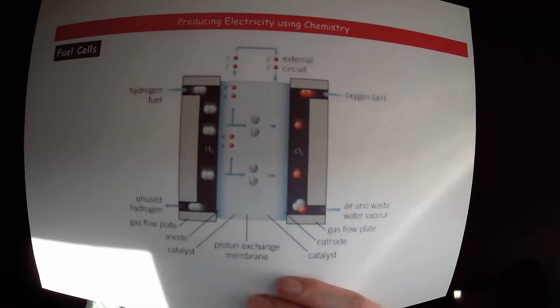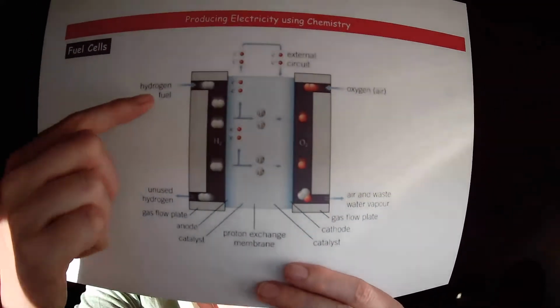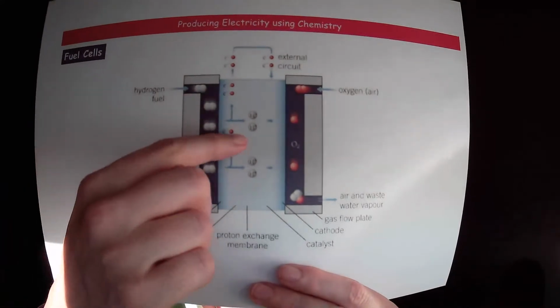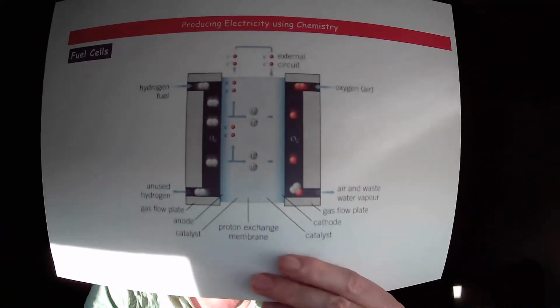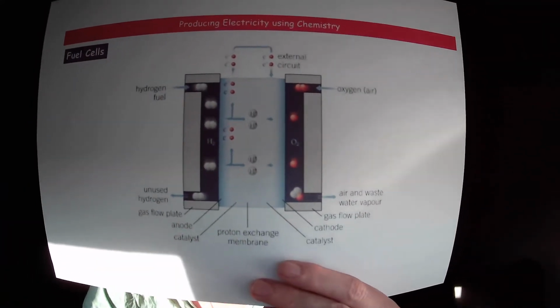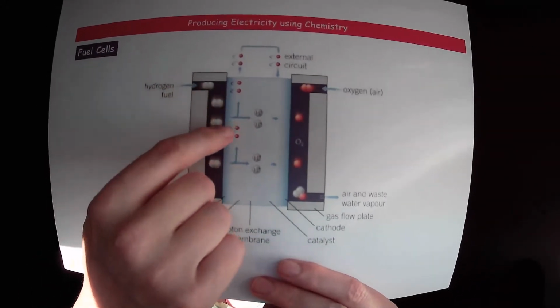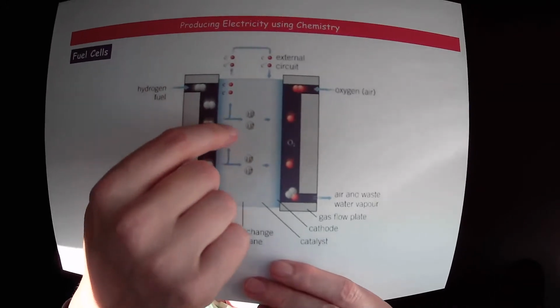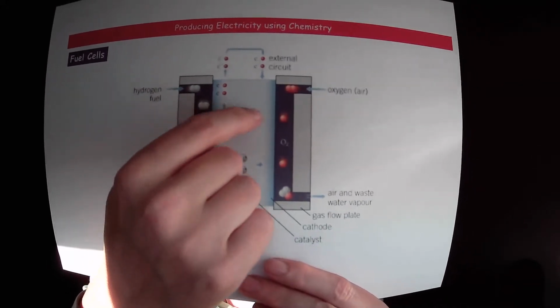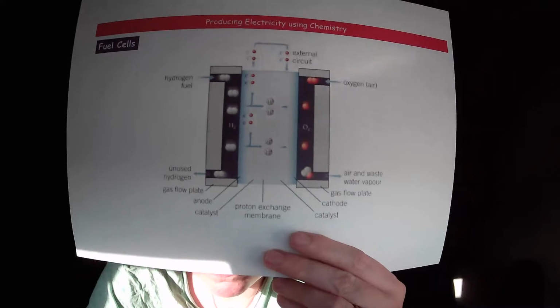So what's going to happen is the hydrogen is going to come in and it's going to lose electrons. And when it does that, it's going to become hydrogen ions. So what we see, hydrogen gas, H2, comes in, loses electrons, and forms these hydrogen ions, H+.